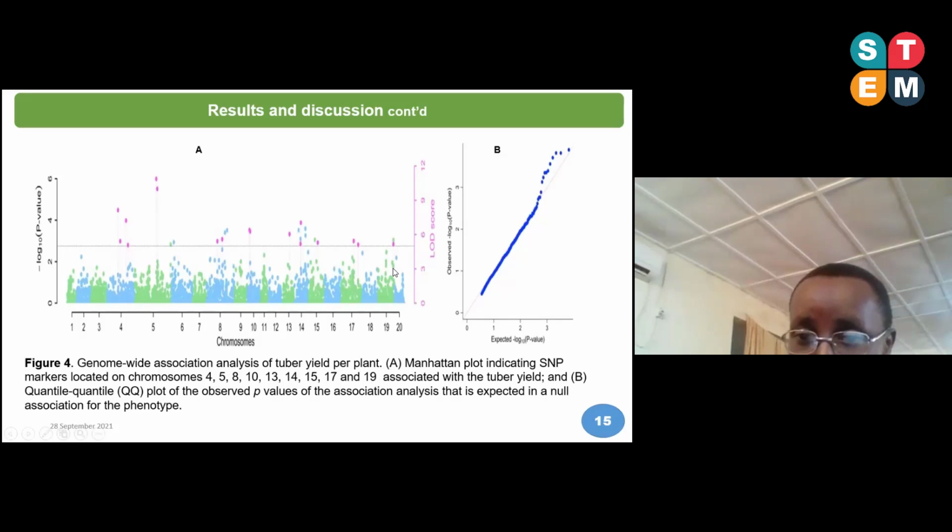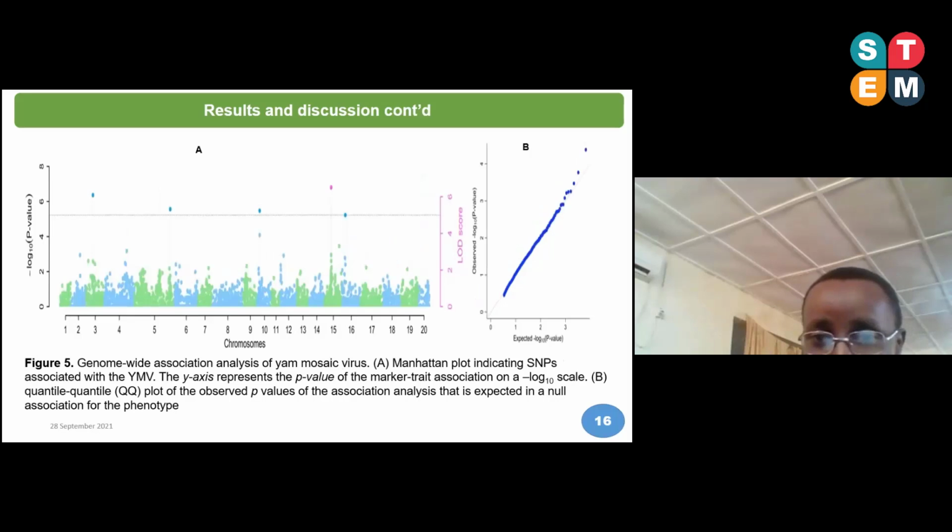And then also we can see the same pattern in terms of the expected and the observed log values. So essentially, we can see that for this particular trait there's no inflation in the P values. That indicates that structural relationship is adequate for GWAS analysis in this study, according to Yan et al. 2014.